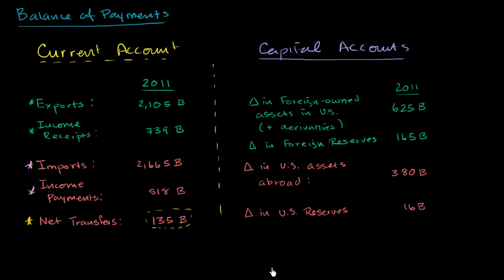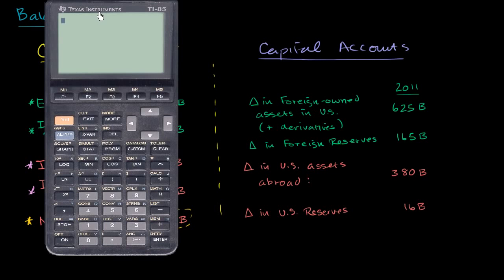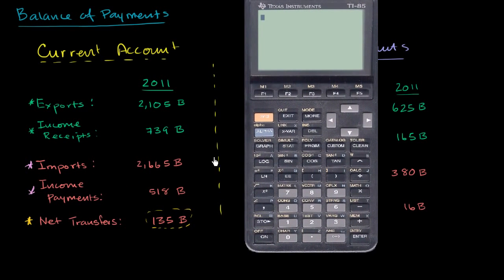And to do that, let's get our calculator out. So let's think. Okay, so this is all of the money that we are getting. These are the payments. These are the inflows to the U.S. So let's add those up. 2,105 billion plus 739 billion.